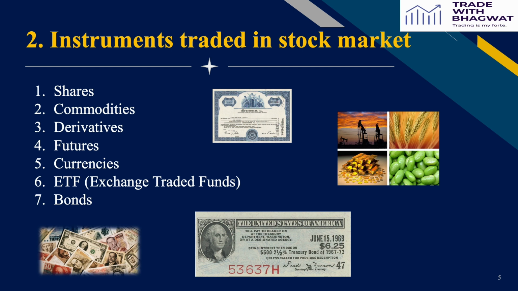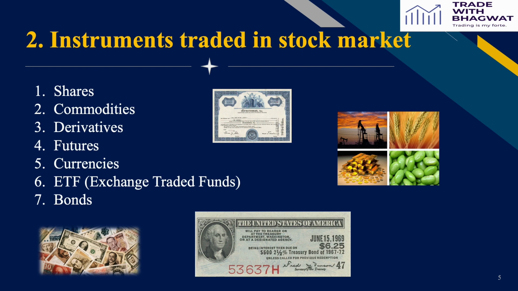Then the currencies. Mostly you can't trade a currency on one side, just like you can't trade a pound with a pound. You need a pair of currencies, like pound with Indian rupees, pound with US dollars, or US dollars with the euro, or euro with INR, Indian rupees.